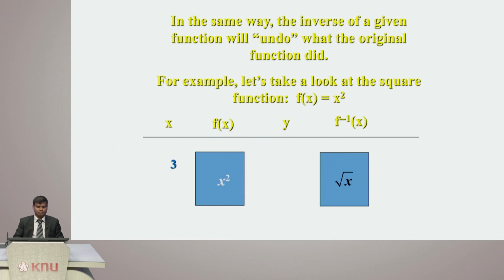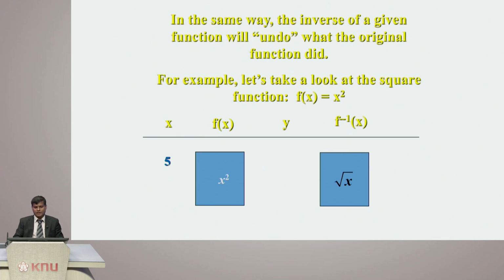You have 3, and it goes into the function x squared, it becomes 9. Now if you want to do an inverse of this, it goes through the inverse function, which is root of x, and it produces the value 3, the original value. Once things go into the inverse function, it has to produce the same result as the original.